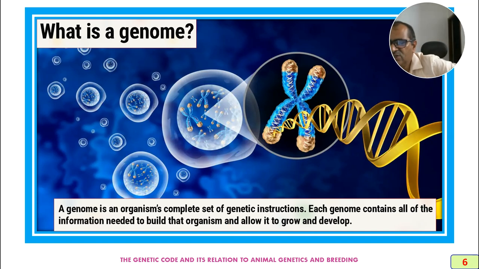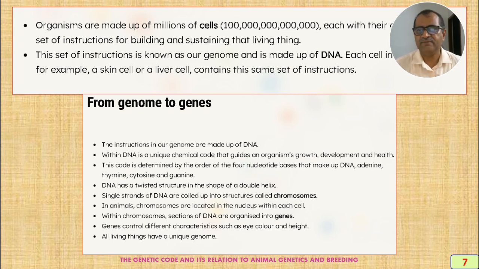A genome is an organism's complete set of genetic instructions. Each genome contains all of the information needed to build an organism and to allow it to grow and develop to the full extent and length of its life.